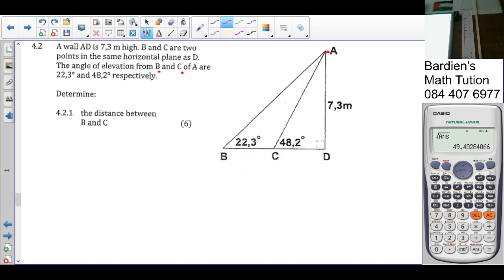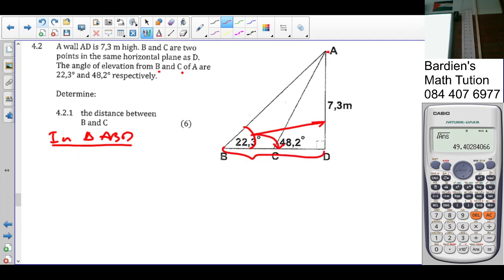So we're going to work, you don't have to say this, but I am just going to say it for reference purposes. In triangle ABD, which is a big triangle here. So that's my angle. That is opposite, and this is adjacent.